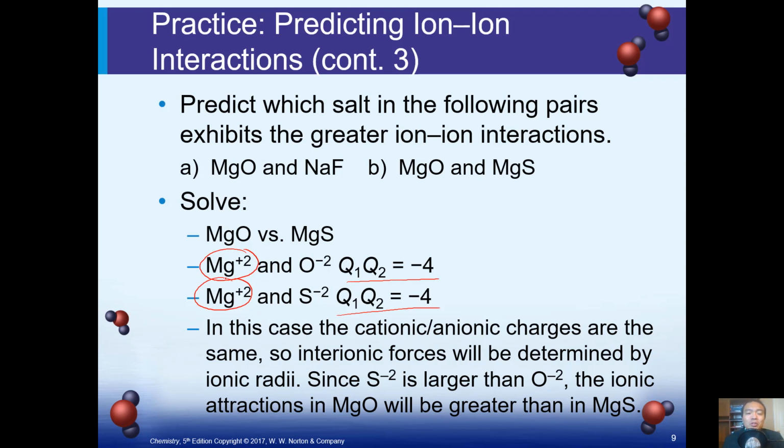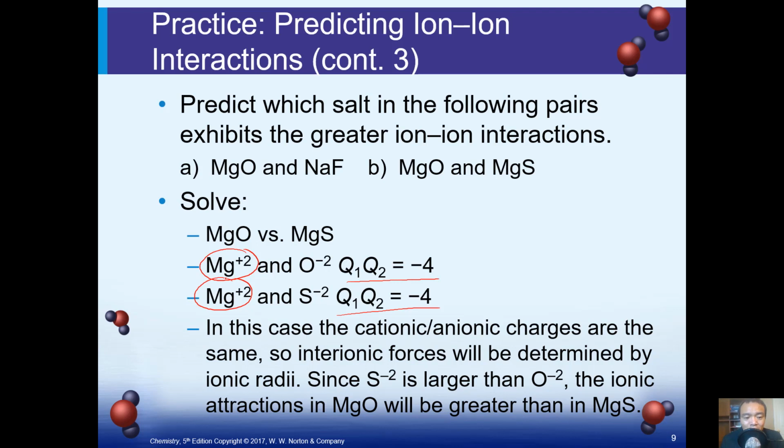If the charges are different, we can simply compare the Q1 times Q2, whichever gives you a bigger Q1 times Q2, that will have the stronger ionic bond. If both give you the same Q1 times Q2, then we compare the D, or the corresponding radii for the cation and anion. Bigger distance gives you smaller attraction.